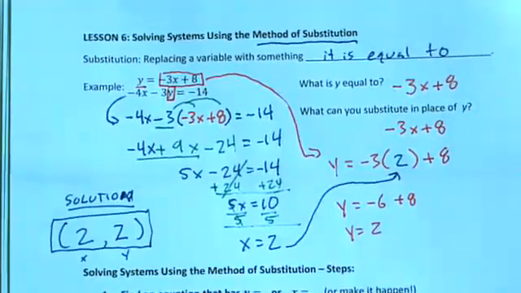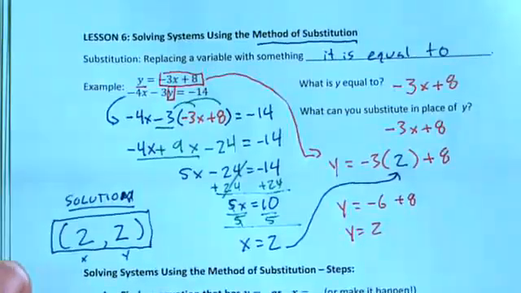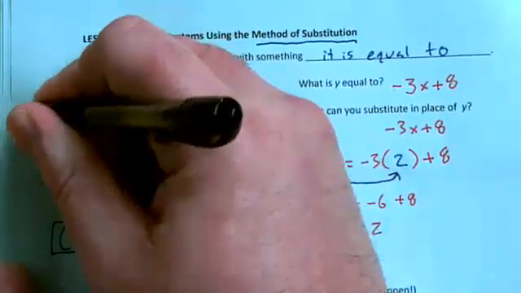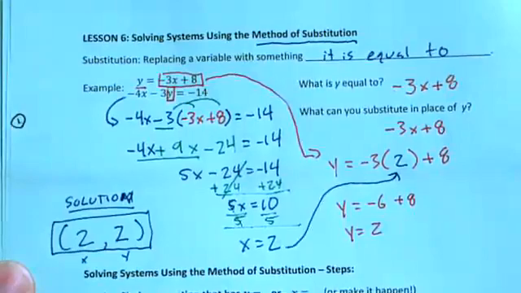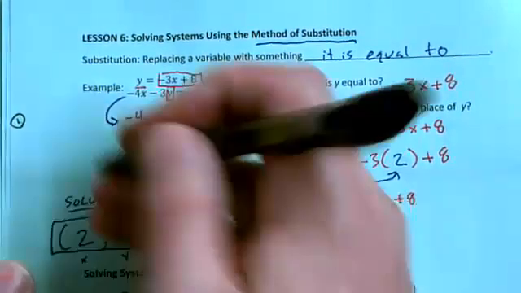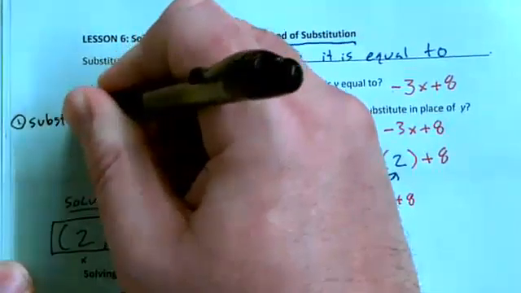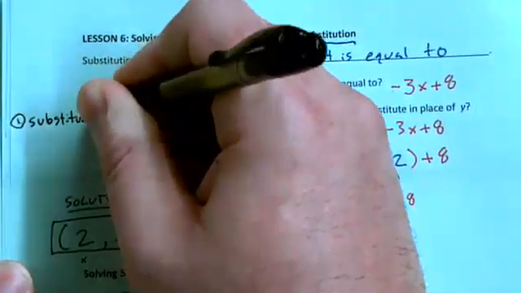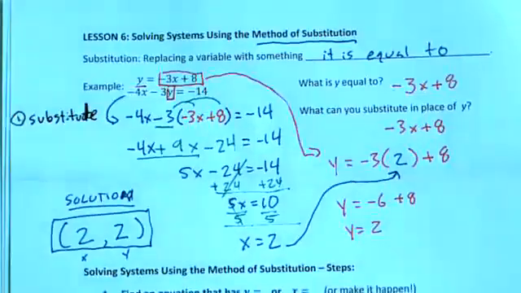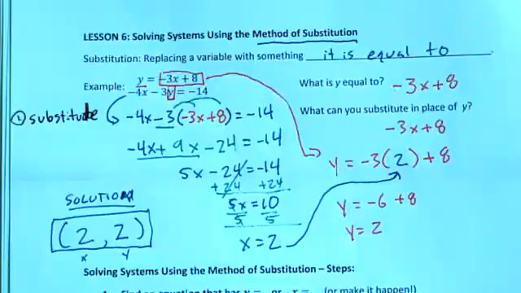Actually, before we move on, I think it's a good idea for us to stop here and annotate what we did. The first step that we did right here was we substituted. So this was our substitution step. Sorry for my messy writing.